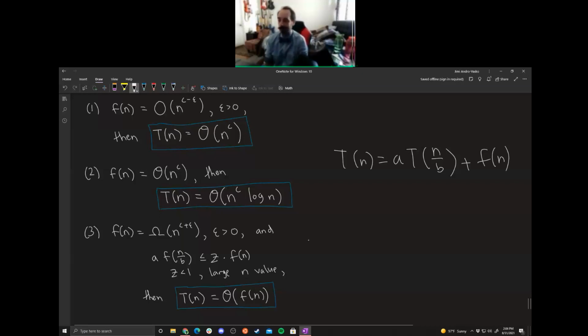You don't have to do any crazy tree method or any expansion method. You just use this Master Theorem to solve it. So this is the equivalent of that shortcut for derivatives in calculus.